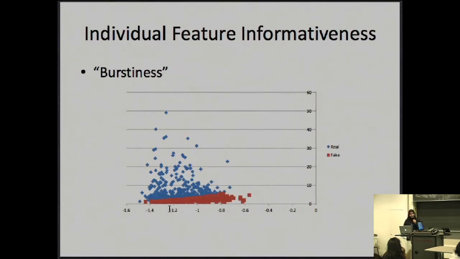This graph does not have titles for the X and Y axes, but it was an attempt to model burstiness, and burstiness was defined as the number of matches found in the real or fake articles to a list of n-grams computed from the real B and C corpus. So we expected that the number of matches would be higher in the case of real articles and would be lower on average in the case of fake articles.